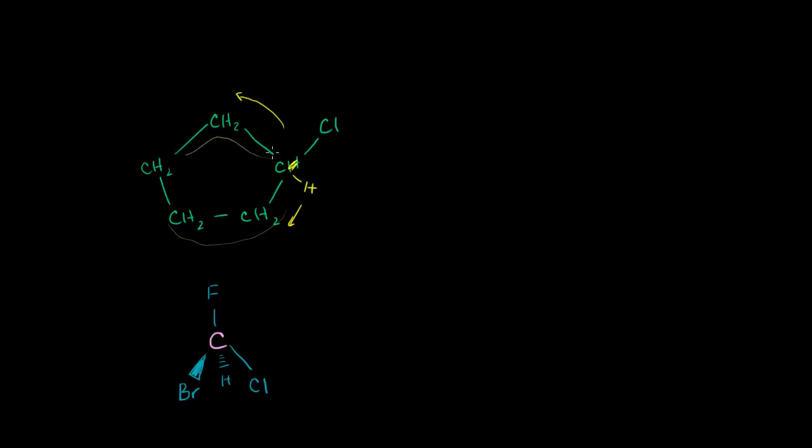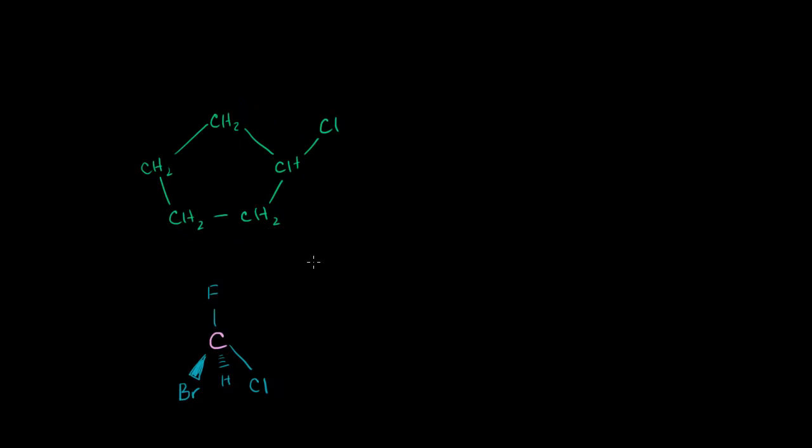So this is not a chiral center, not a chiral carbon. It's not bonded to 4 different groups. And this is also not a chiral molecule because it does not have a chiral center. To see that it's not a chiral molecule, there's a couple of ways you could think about it.